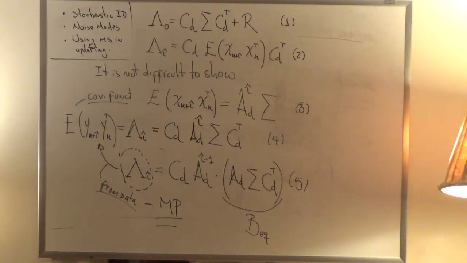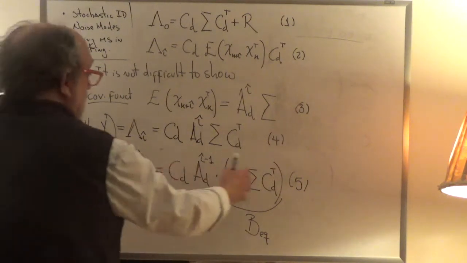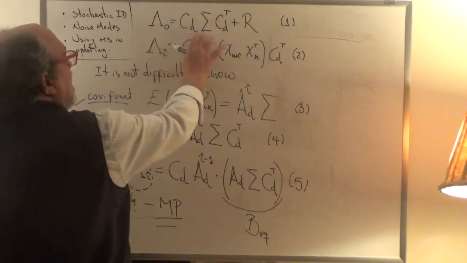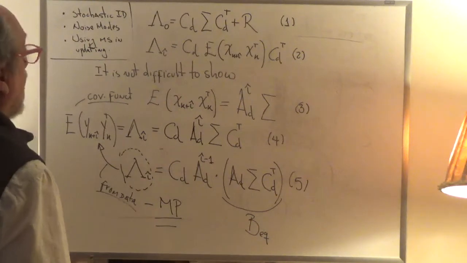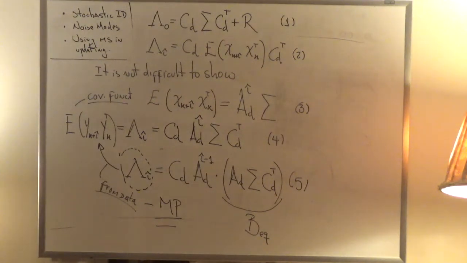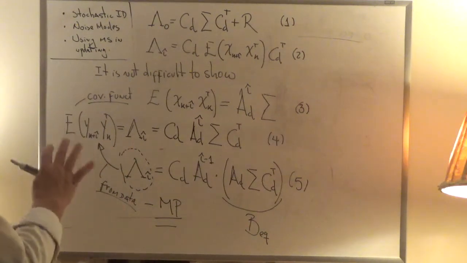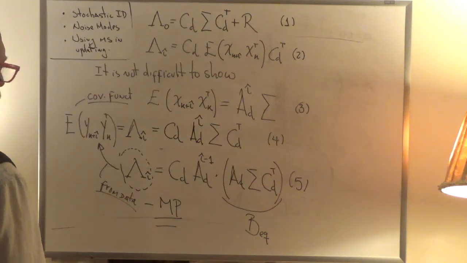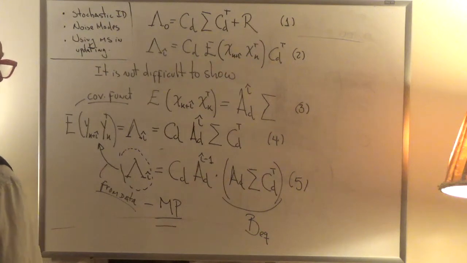Our zero Markov parameter, of course, is not from here. Our zero Markov parameter, if we needed it, would be CD sigma CD transpose plus R. At this point I don't recall whether we have to make reference to it in the identification, so let me look at the notes.